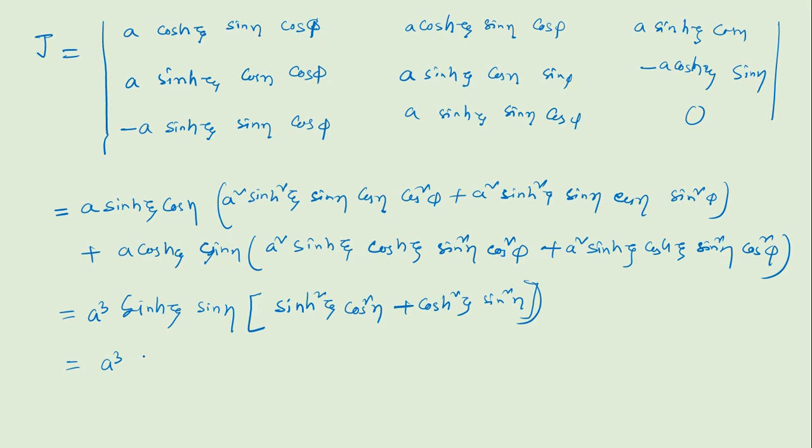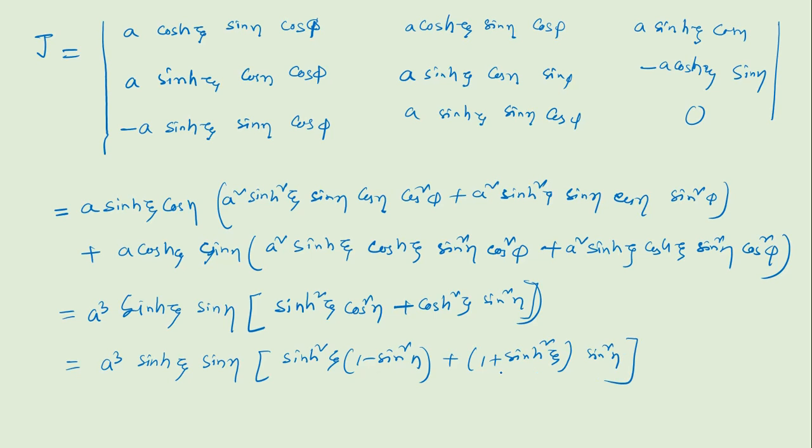We will get like that, sinh xi sin eta, sinh square xi, and this will be 1 minus sin square eta, and this is 1 plus sinh square xi sin square eta, and just multiply, we will get this answer, sinh xi sin eta, sinh square xi plus sin square eta.